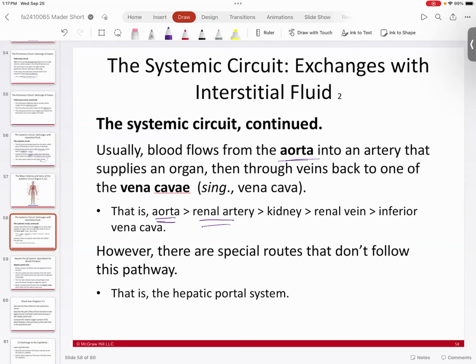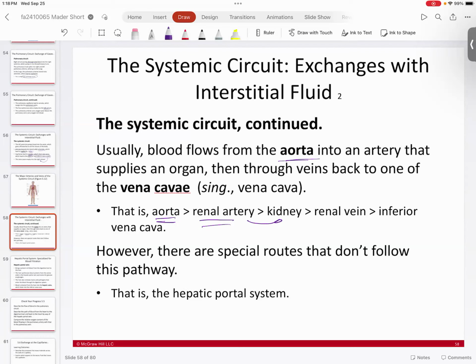So you have a thoracic aorta, an abdominal aorta, and it's basically shooting out arteries to these different regions in your body. The renal is a perfect example, which is feeding blood to your kidney. And then, of course, your capillaries in the kidney are inside the kidney.